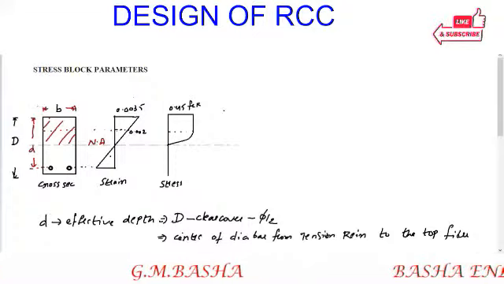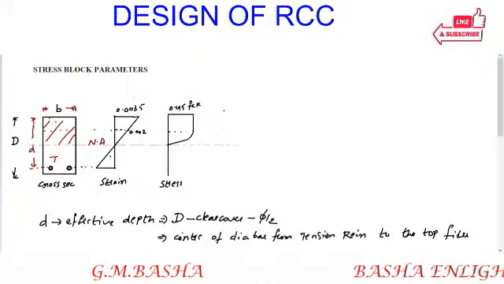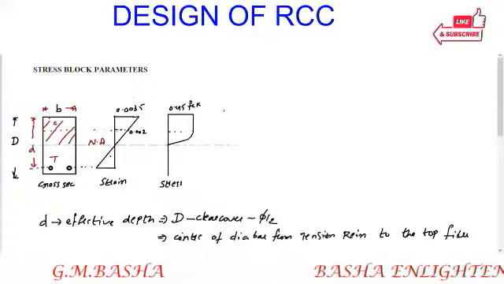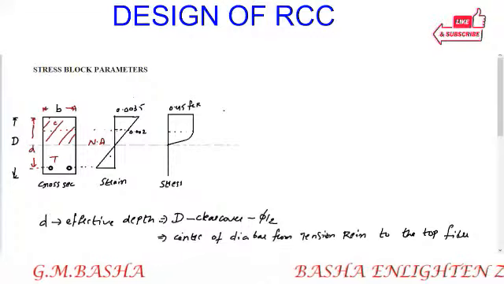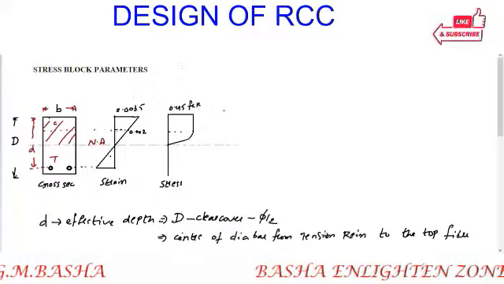Below the neutral axis, the entire cross section is in tension. I am indicating with a T and C like this. Then move to the next point. Here I am continuing this.